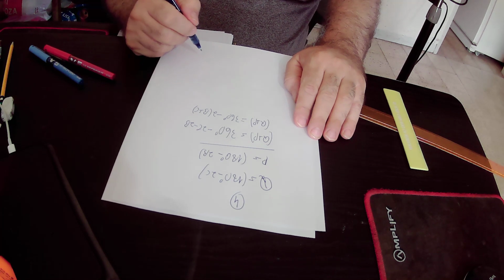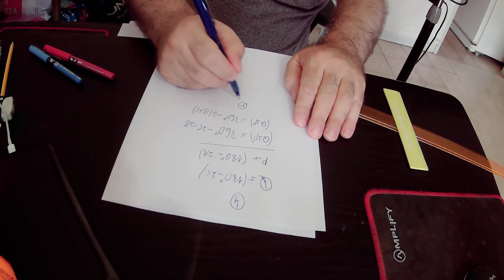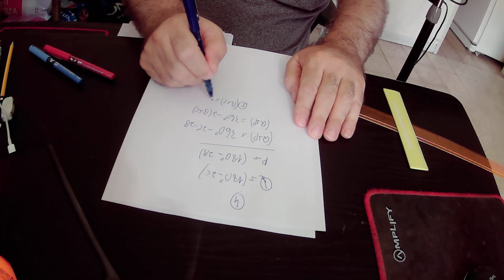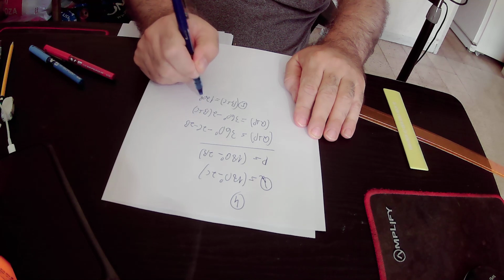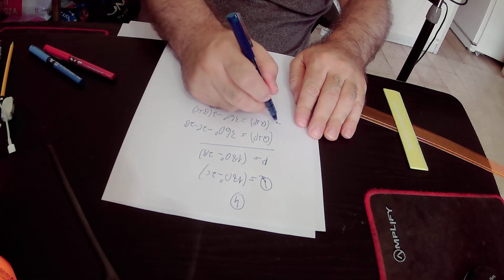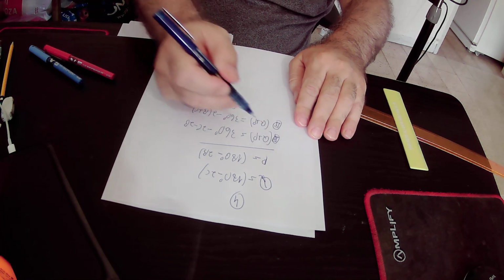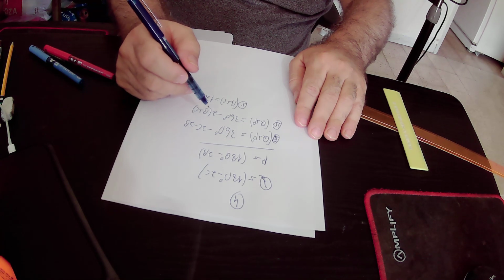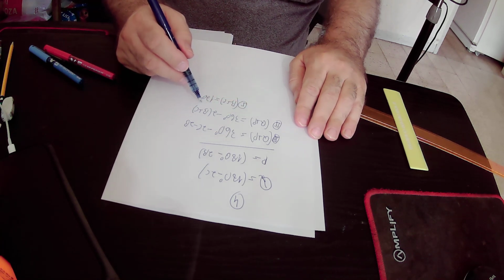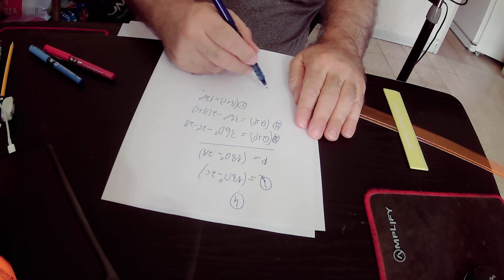Okay, but we have already found out in equation number 1 that B plus C equals 120 degrees. Therefore, we will substitute B plus C in equation number 2 by 120 degrees.